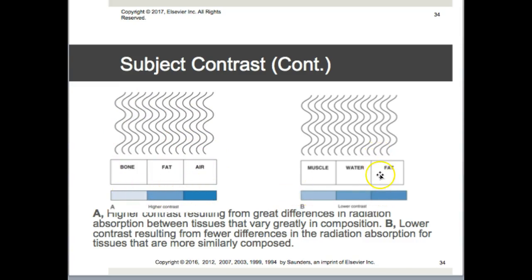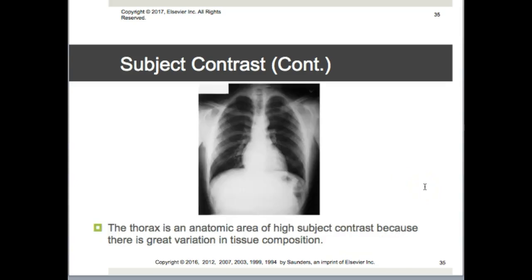And when we look here, lower contrast results from fewer differences in radiation absorption of tissues. So we have extremes, and then here they're all pretty similar, but you're going to see slight shades of gray. So this is high contrast because there's a big difference from one to the other, whereas this is low contrast, they're all pretty much the same. There's not a big difference in contrast.